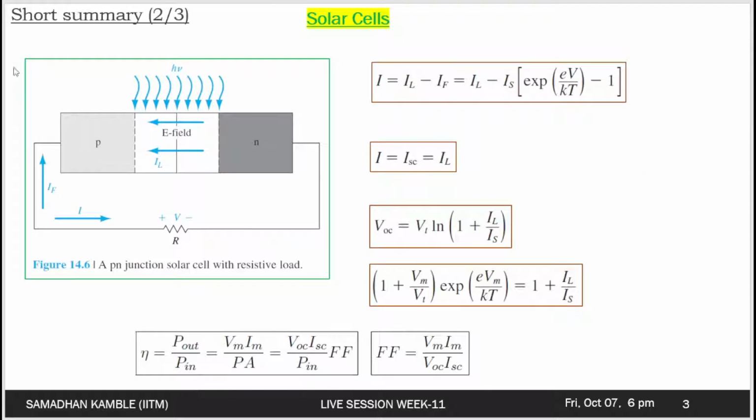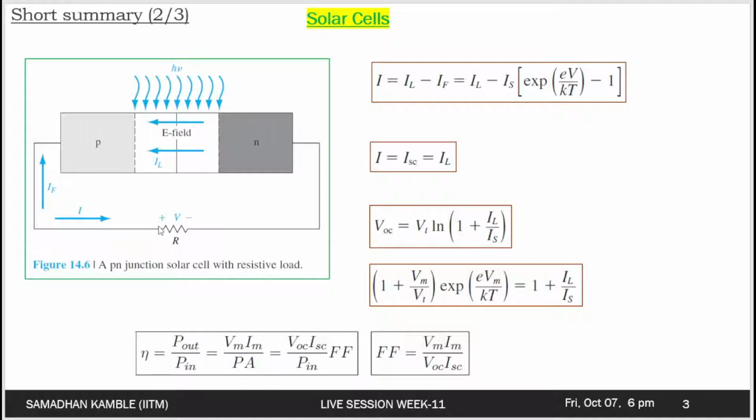Okay, then we move on to a different class of devices called solar cells. Let us consider a PN junction as shown in this figure with a resistive load. A resistor as a load in the external circuit is being placed. Even with zero applied bias to the junction, an electric field exists in the space charge region as shown in the figure.